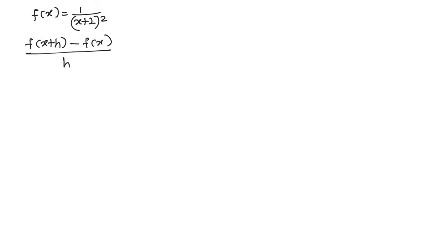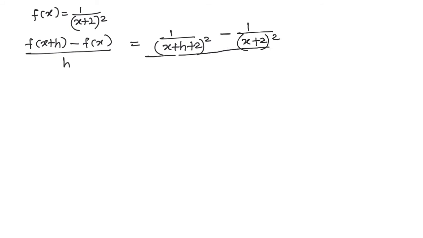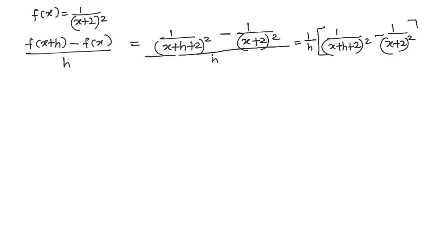So this will be 1 over x plus h plus 2 whole square minus, now I need to write f of x, that is 1 over x plus 2 whole square, whole divided by h. So this is same as writing 1 over h times 1 over x plus h plus 2 square minus 1 over x plus 2 square.